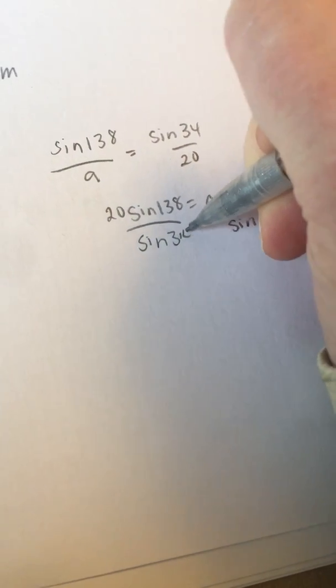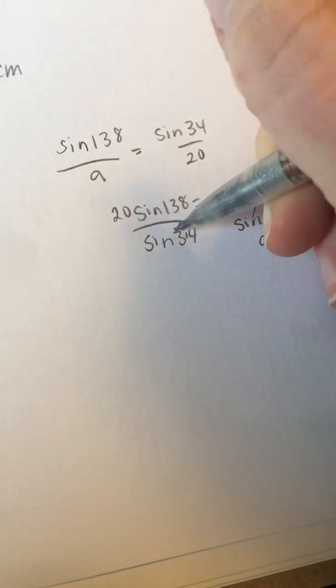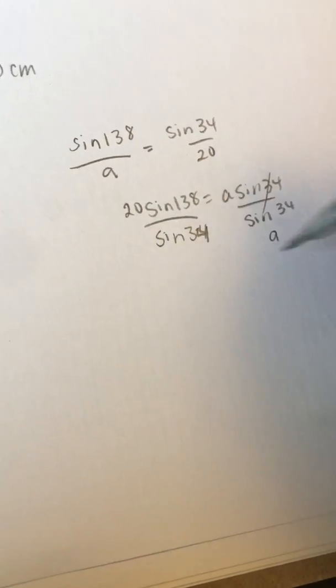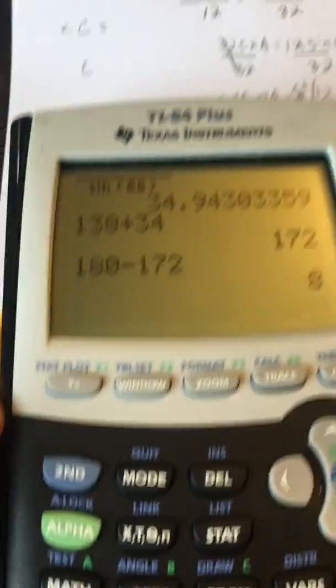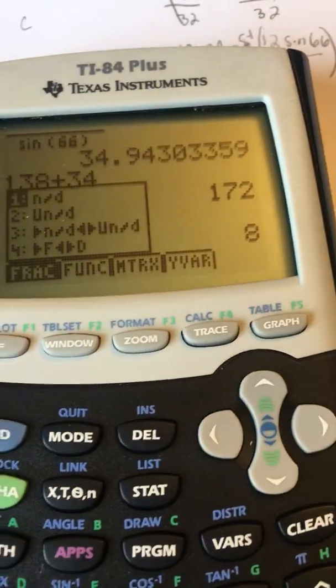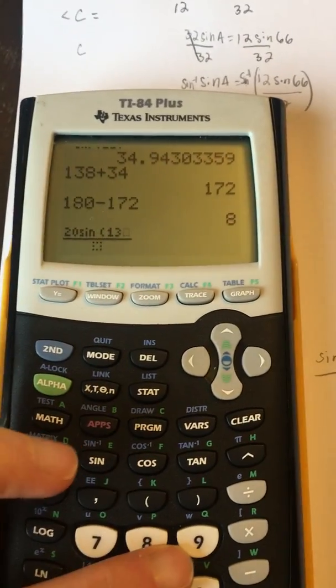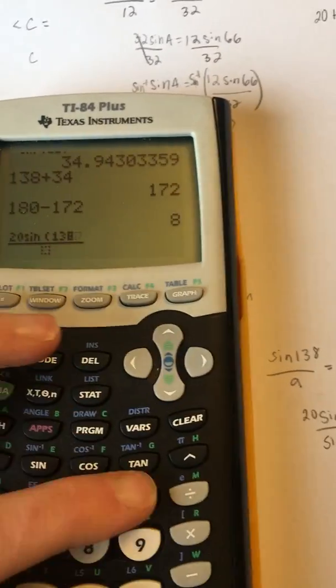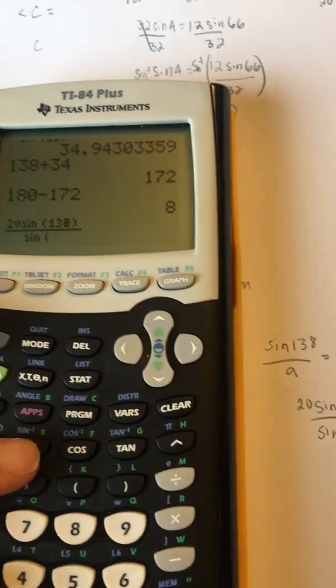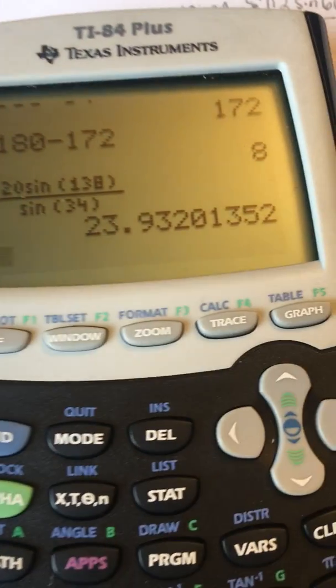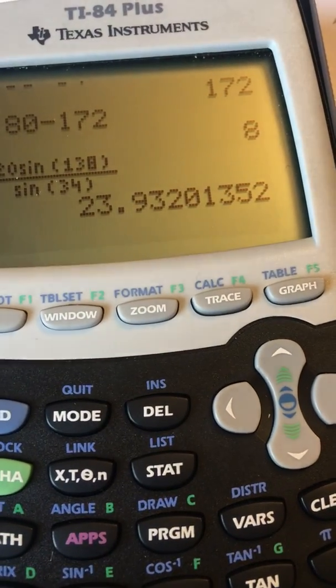Setting up and solving this piece, 20 sine 138 equals A sine 34, so divide by sine 34. That's going to give you A. So on the calculator, alpha y equals, pick the fraction, 20 sine of 138 over sine of 34, and I get a side length of 23.9.